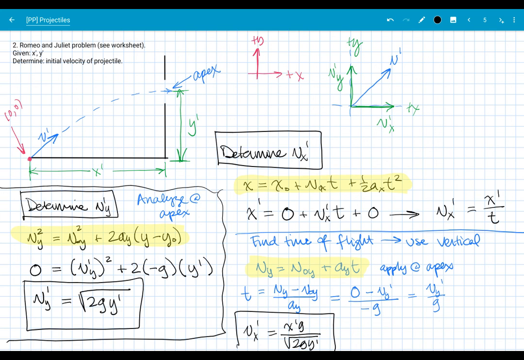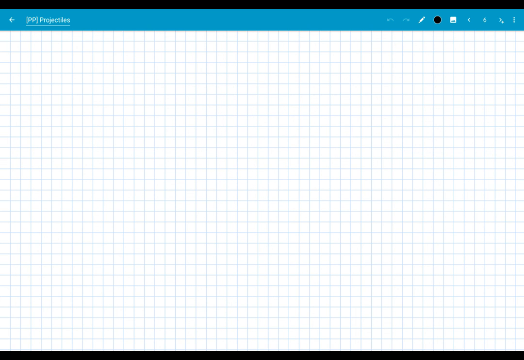So my final answer, then, I can write in component form. I'll switch pages here to do that. My initial velocity, my launch velocity, which I'm calling V prime in this particular problem, is equal to, and you can write this in different notation. You can use brackets, you can use IJK.